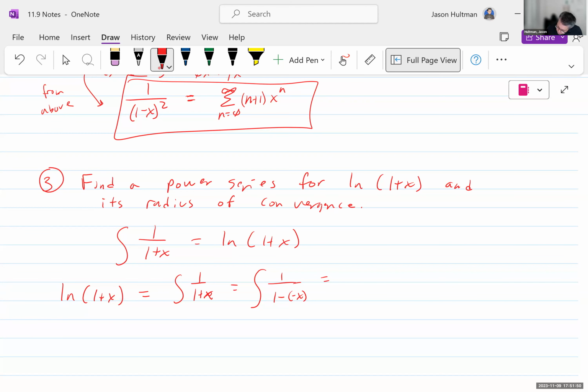That's the integral of 1 plus negative x plus negative x squared plus negative x cubed plus negative x to the 4th plus dot dot dot.